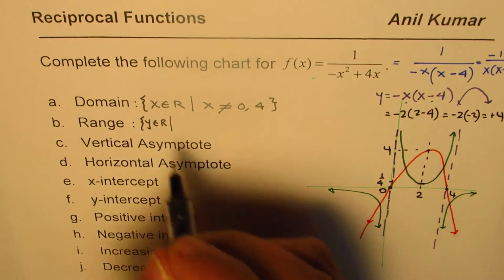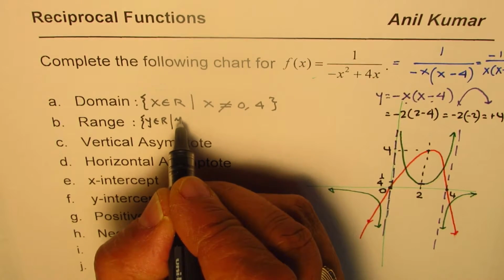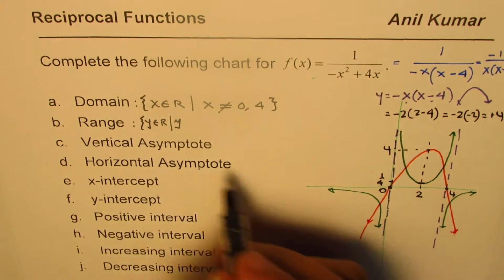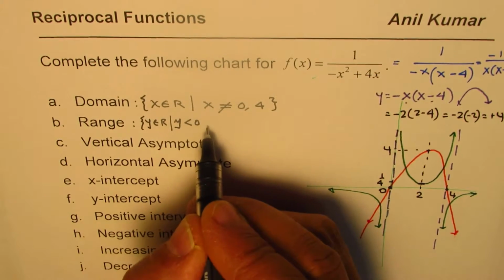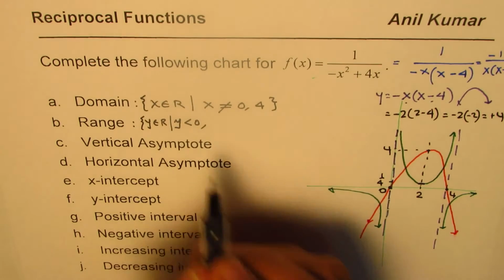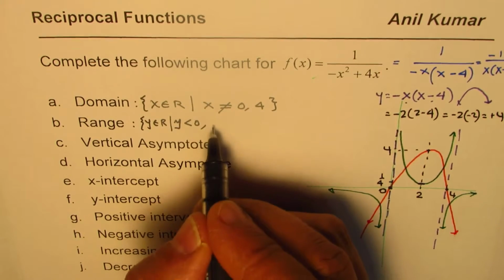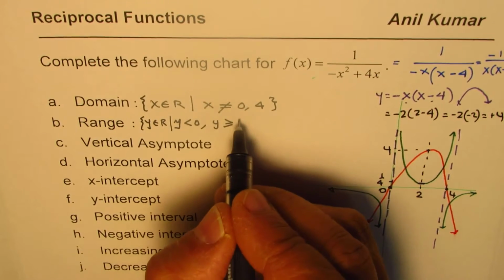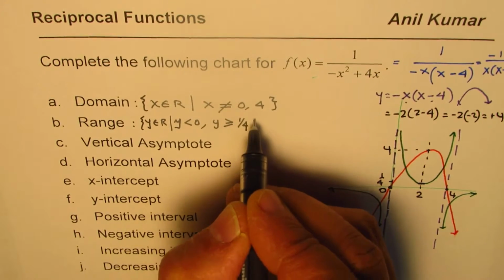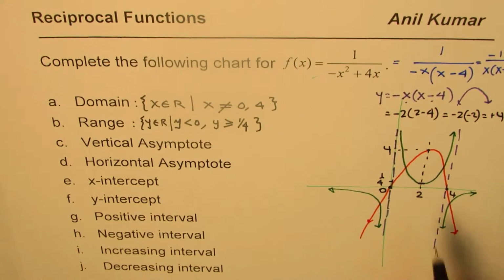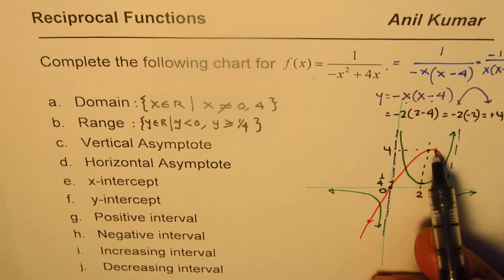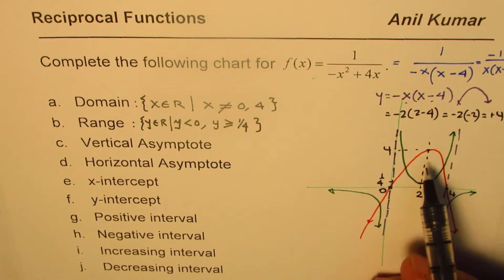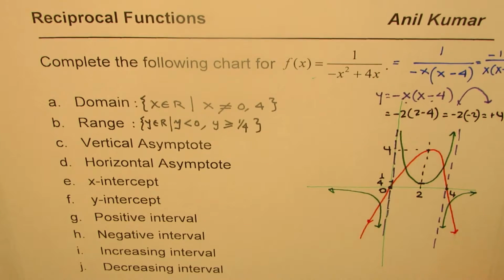Of course, we can say y is less than 0, and let me write comma here, and y is greater than or equal to 1 over 4, right? So that is a better way of writing this. Okay, so you get this value from the local maxima of the denominator, correct?